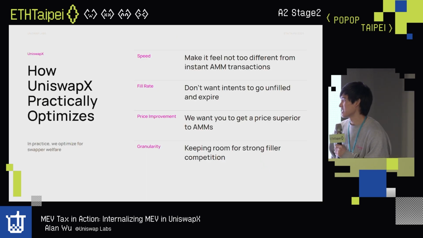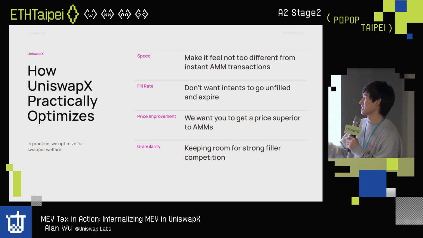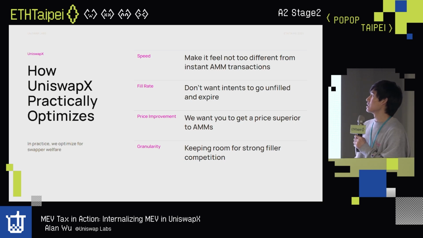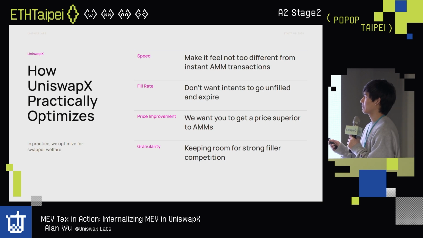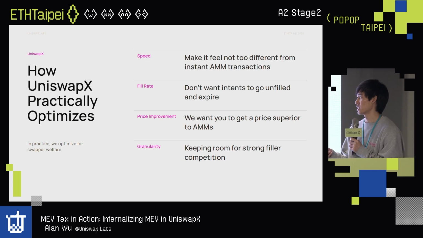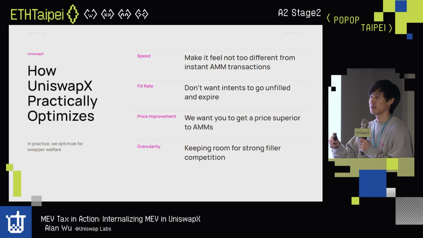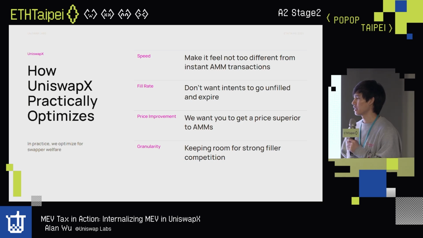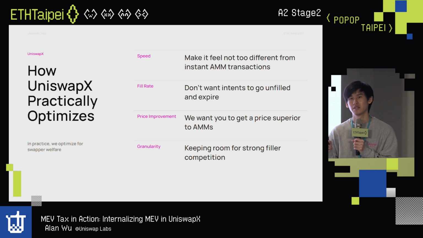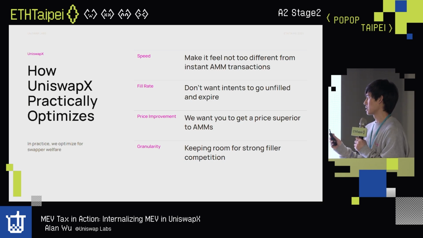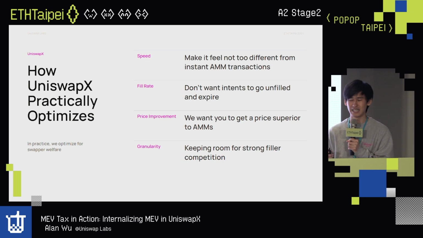We also optimize in other ways practically. What I mean by that is we want this to be fast. We want this to feel not too different from instant AMM transactions. And because these are intents and messages you're broadcasting, they don't always get filled. So you can't be too aggressive with your pricing or else these intents would go unfilled and expire.